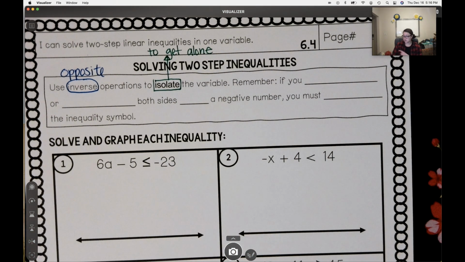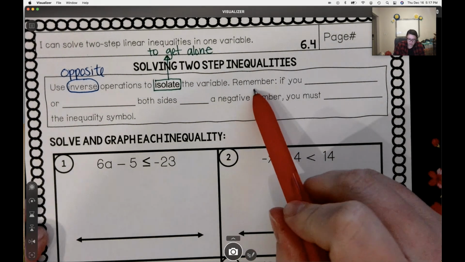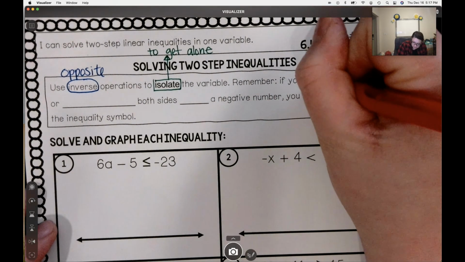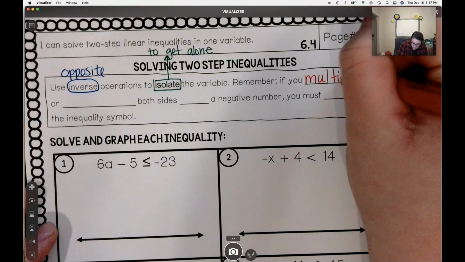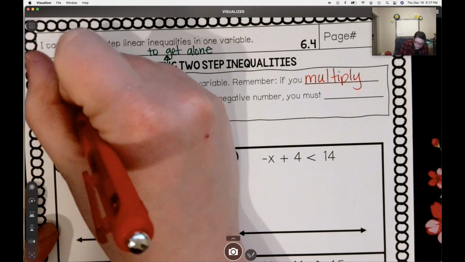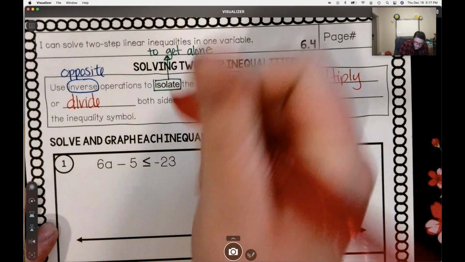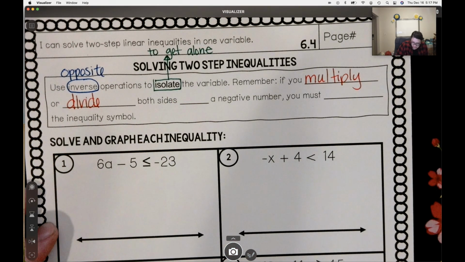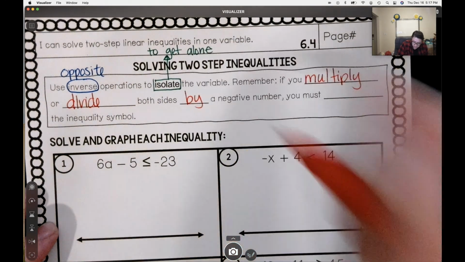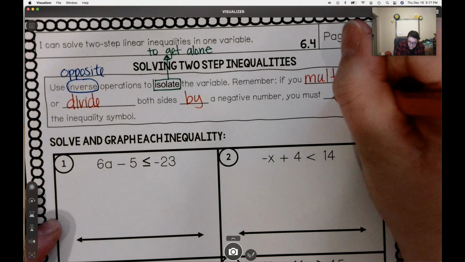On our last set of notes with one-step inequalities, we had a little bit different that we didn't have before with equations. A little extra step that we have to look at. Remember, if you multiply or divide both sides by a negative number, you must flip.